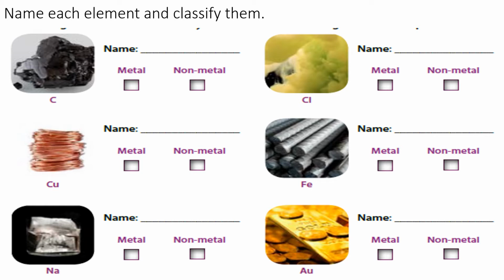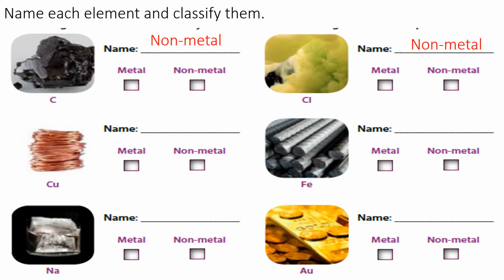Carbon is an example of your non-metal. Next, number 2, we have Cl. Cl or chlorine is an example of a non-metal. Very good. Both carbon and chlorine, if the element goes to the right side of the line that separates metal and non-metal, then that is a non-metal element.